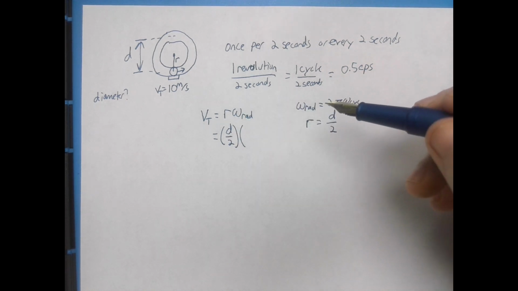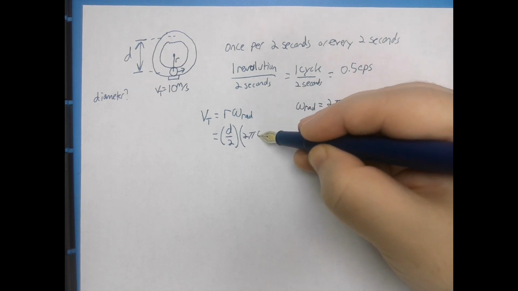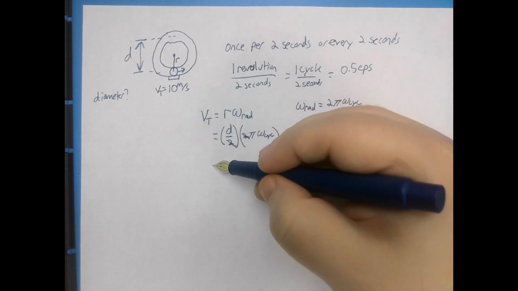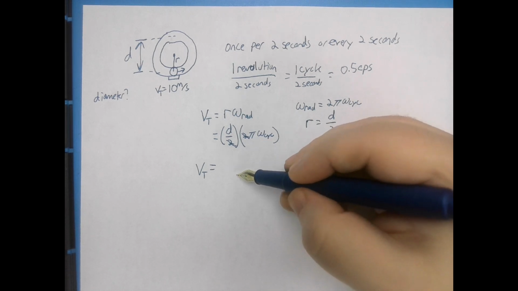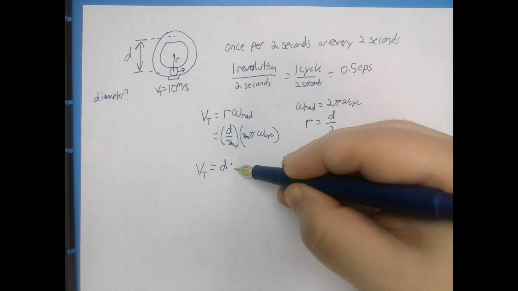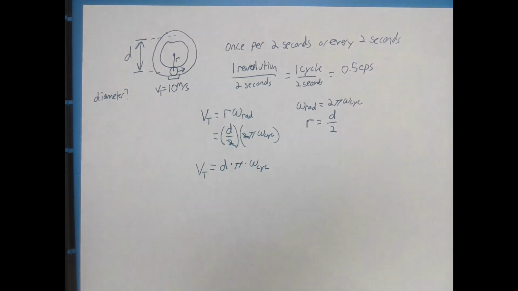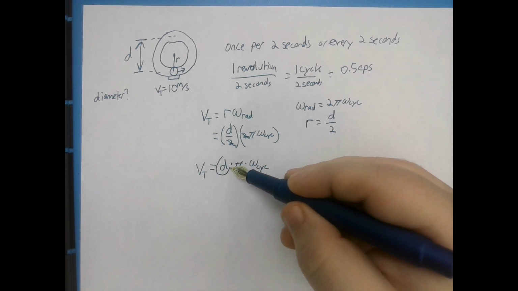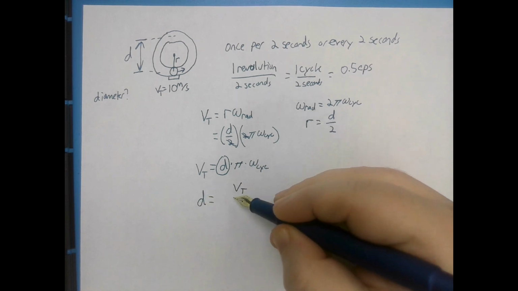And we can replace omega in radians per second with 2 pi times omega cycles. The 2's cancel out, giving us the equation that the tangential speed is equal to the diameter times pi times omega in cycles per second. Doing some algebra, we can solve for the diameter. The diameter would thus be equal to the tangential speed over pi times omega cycles.